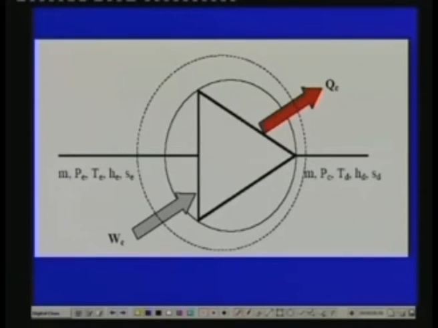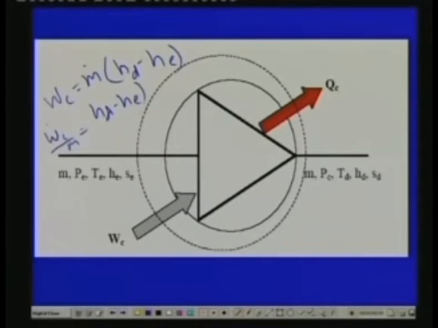Energy coming in is equal to energy going out, or WC is equal to mass flow rate into HD minus HE, or specific work of compression WC by m dot is equal to HD minus HE. That means if you know the exit and the inlet enthalpies, you can easily find out the specific work input to the compressor.